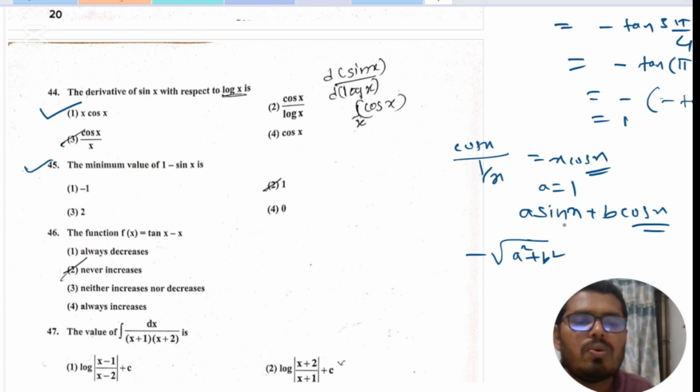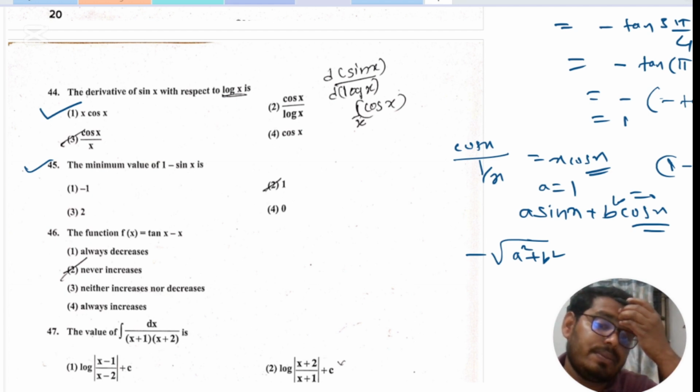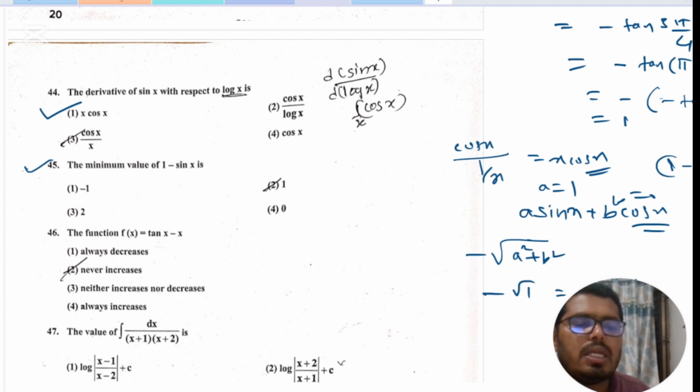Here a is equal to 1, b is equal to 0, only for sin x, not the 1. After adding 1 we get the constant value. The minimum value of sin x is minus square root of 1, that is minus 1. Then add 1 on both sides, that is equal to 0. Therefore the minimum value of 1 minus sin x is 0.